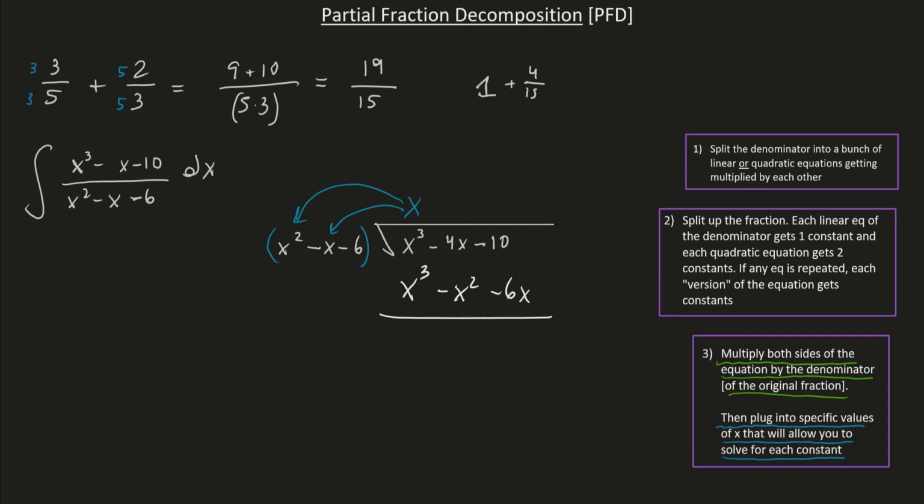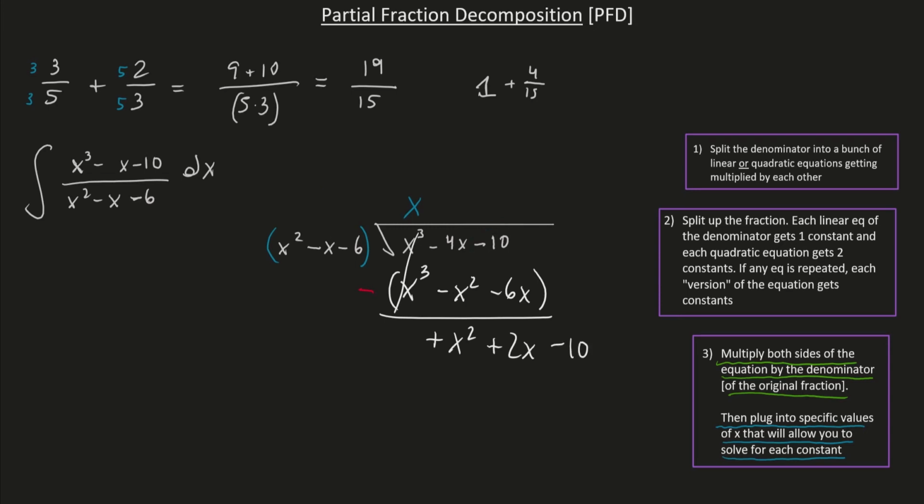And remember, we're subtracting this whole quantity. So the x cubes cancel. We have a 0 times x squared, minus a negative x squared, so we get a positive x squared. Negative 4x minus a negative 6x makes a positive 2x. And negative 10 minus a 0 is just negative 10.